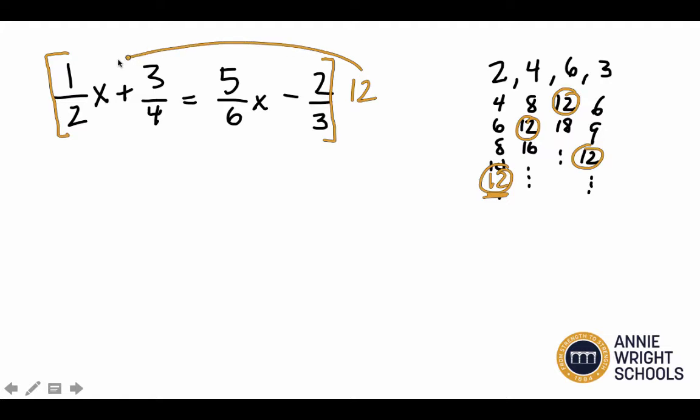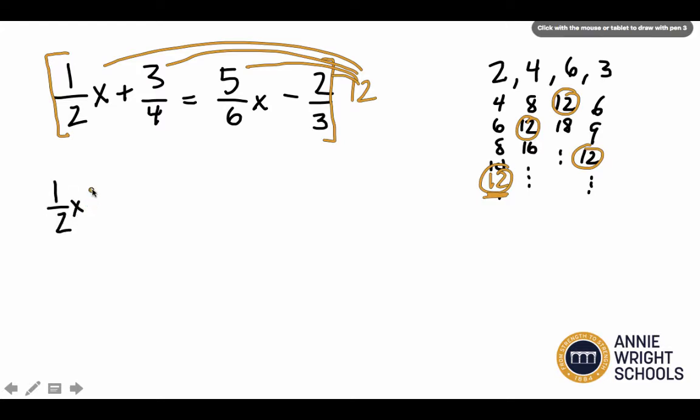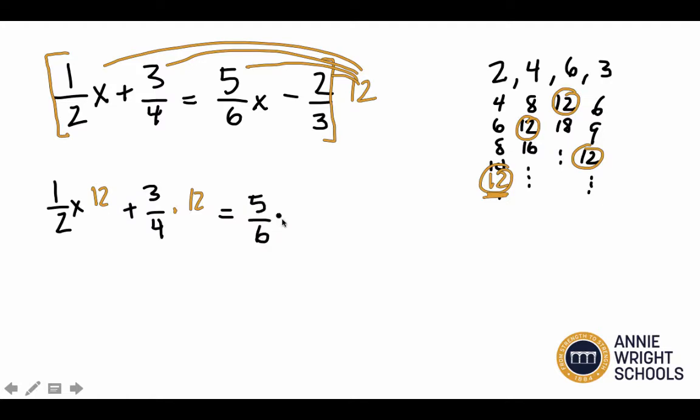Now what that does is a little distributive property to all 4 of these numbers. And what we're going to end up seeing is 1/2 x times 12 plus 3/4 times 12, and that's going to equal 5/6 times 12, and then that's going to be minus 2/3 times 12.